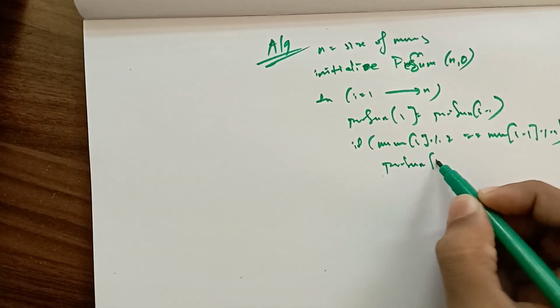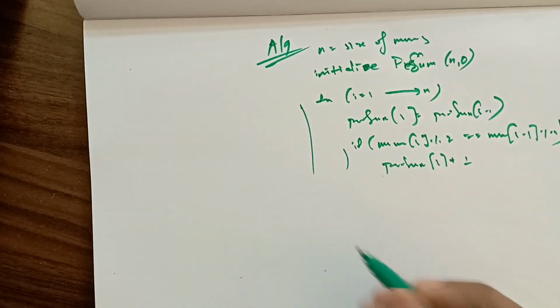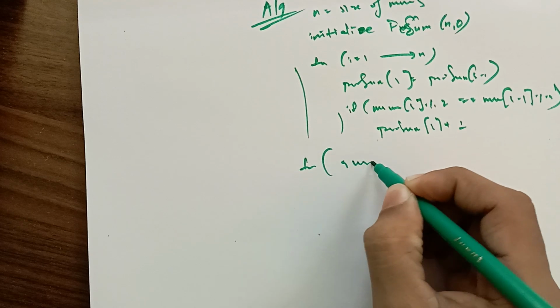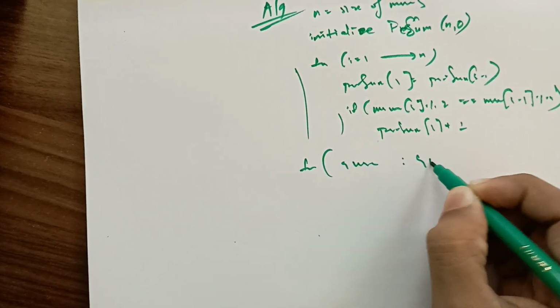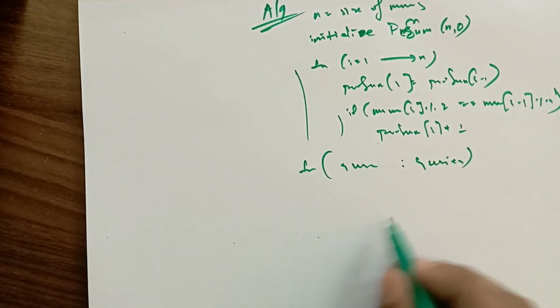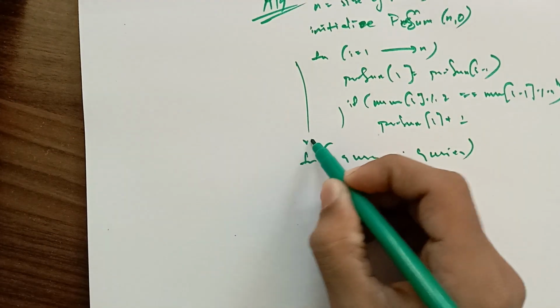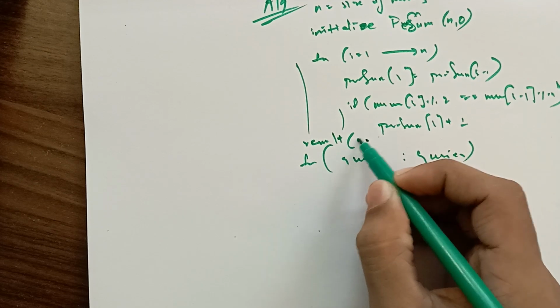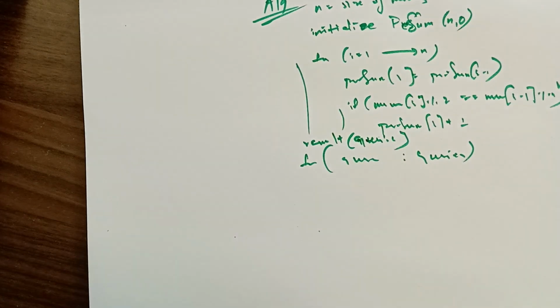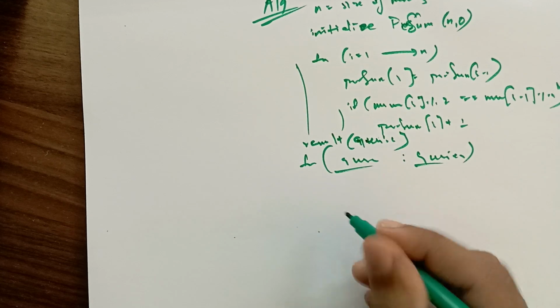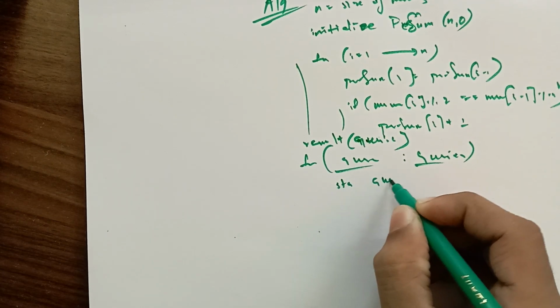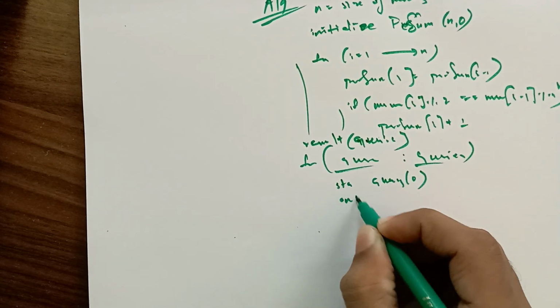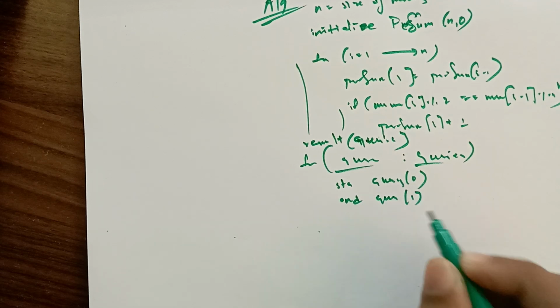Now for every query in queries, we'll be initializing a result array of size of queries. And for every query, start will be query of 0, end will be query of 1.